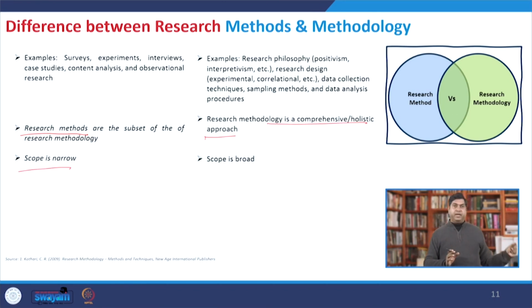Once you pick a particular method, it will have certain abilities, it will only solve certain research questions, and it will only analyze certain data types. The methodology scope is broad because it talks not only about the methods but also the overall strategy, data collection strategy, sampling strategy, sample size calculation procedure, then interpreting the data and reporting it.